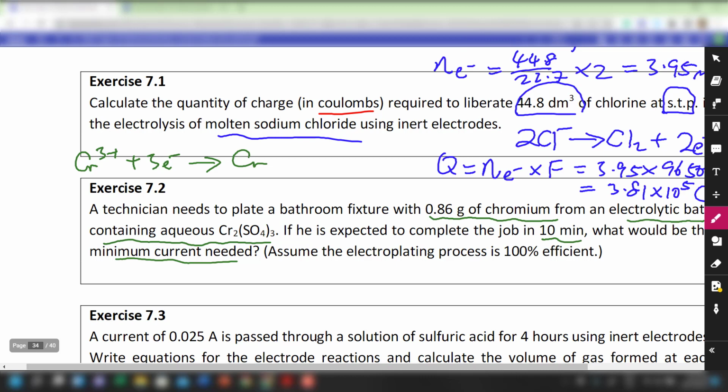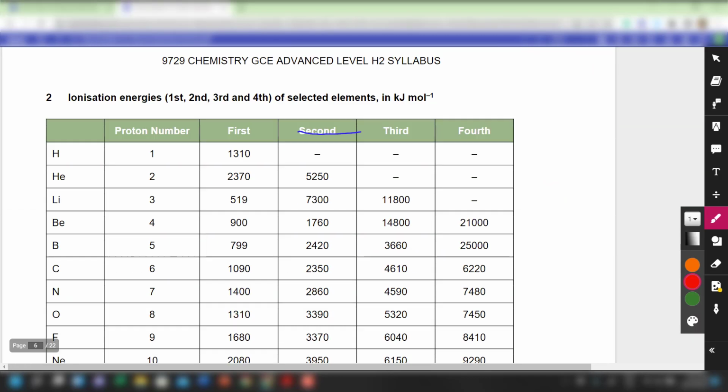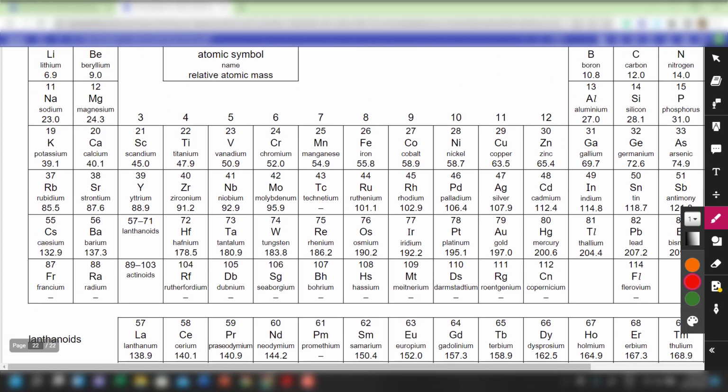From here, you can very easily calculate the number of moles of electrons transferred, simply by taking 0.86 divided by the relative atomic mass. We go all the way to the end, that will be the periodic table. So that's 52.0 for chromium.